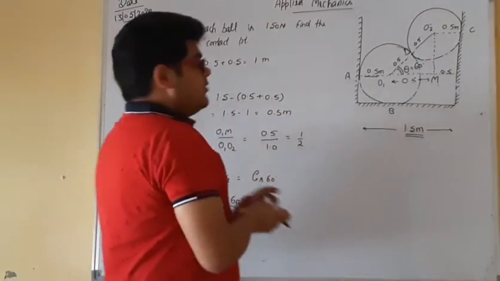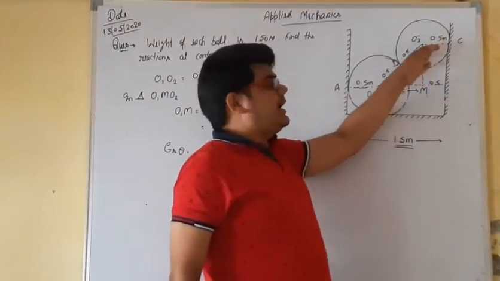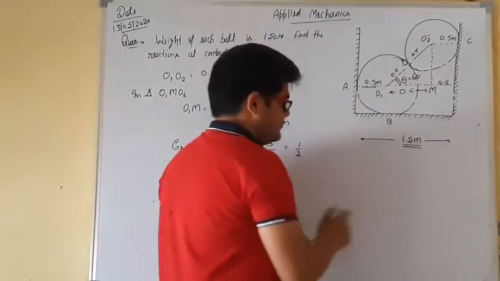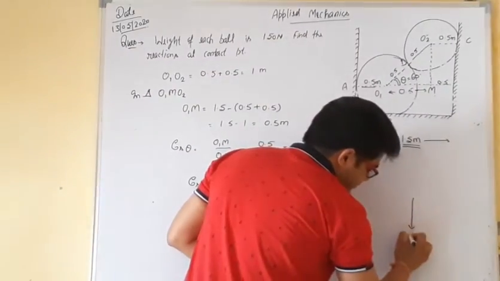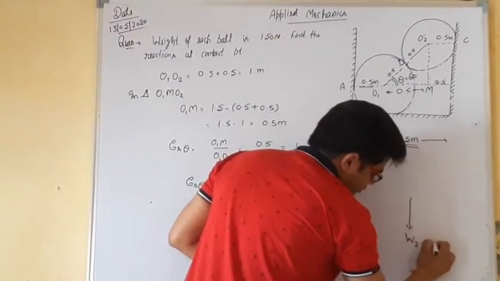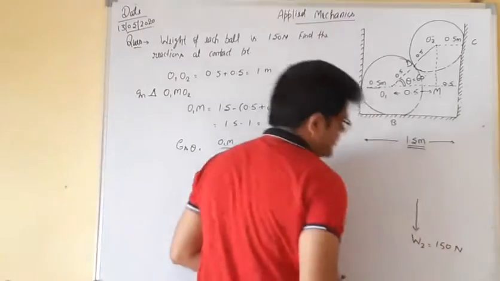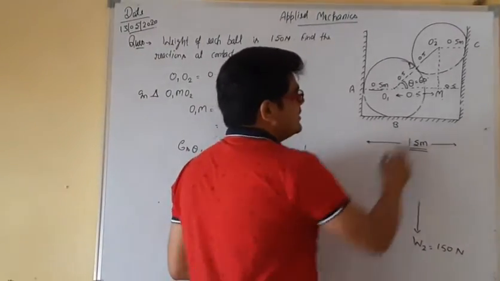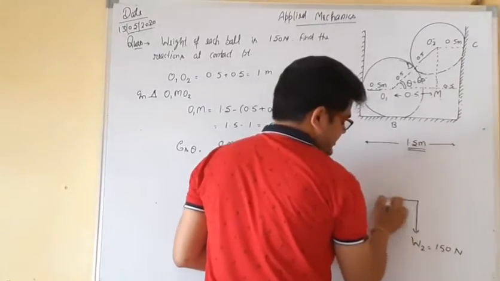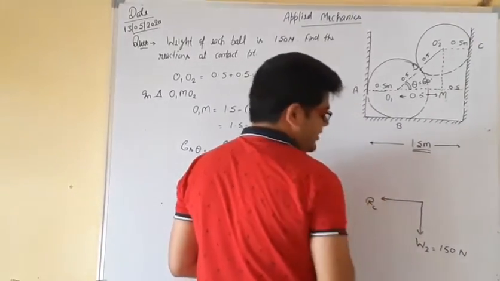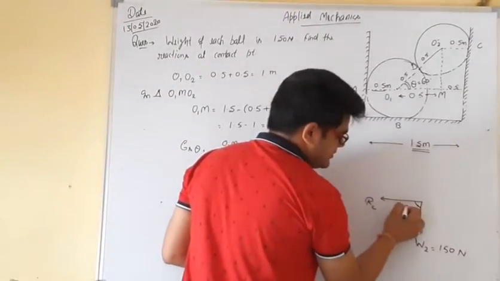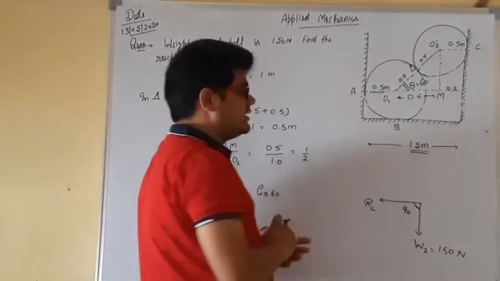Now find the reactions on the second ball. The downward force W2 equals 150 Newton in the downward direction. RC is the reaction at point C. The angle between these forces is 90 degree.